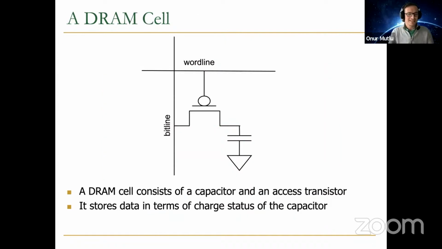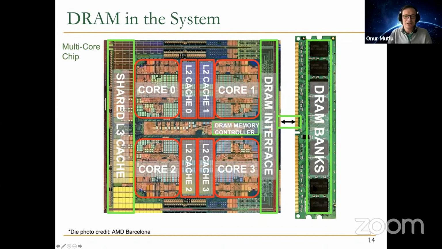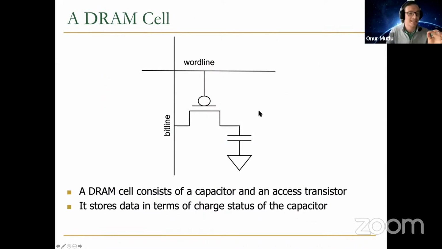So if you look at what a DRAM cell looks like, let's do bottom up right now. This was the top down view of what DRAM looks like. Now, if you actually zoom into a chip, and if you actually zoom into a single cell that stores a single bit of data, it looks like this, basically. Basically, a DRAM cell consists of a capacitor. This is the capacitor over here, and an access transistor here.